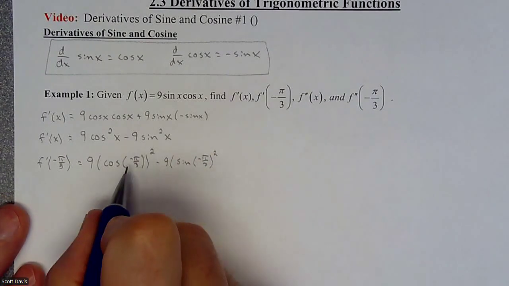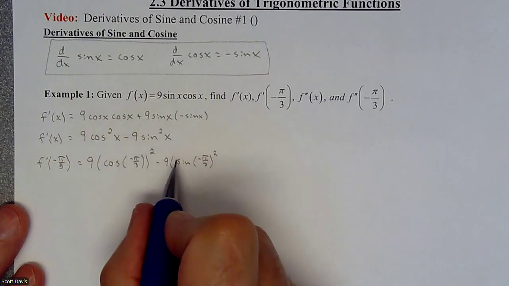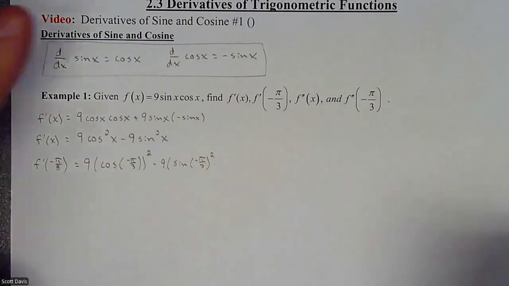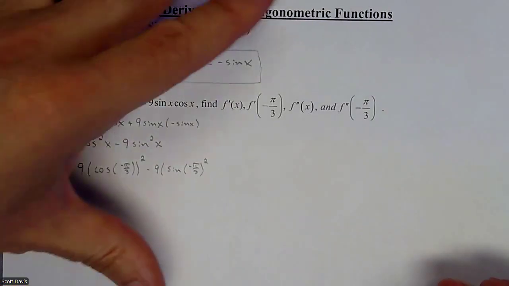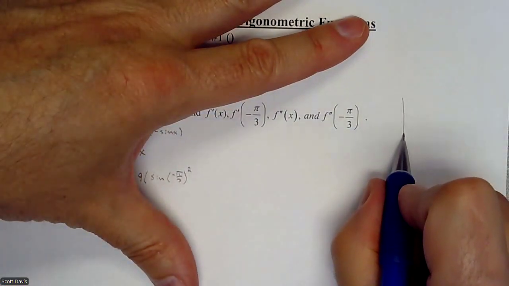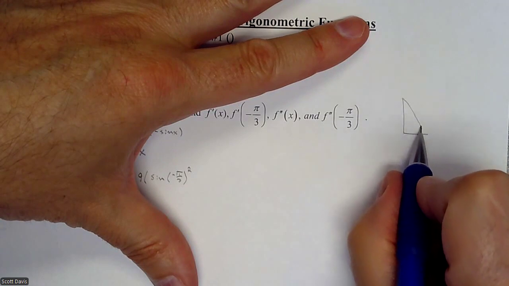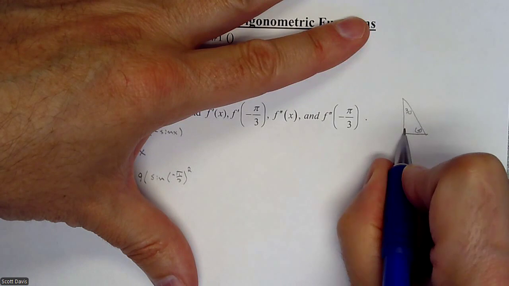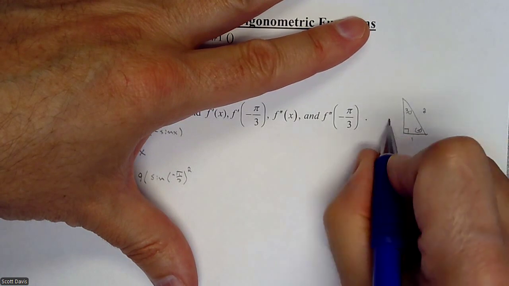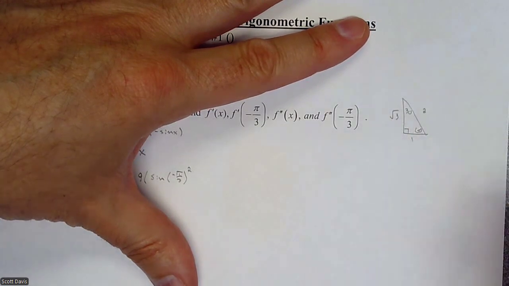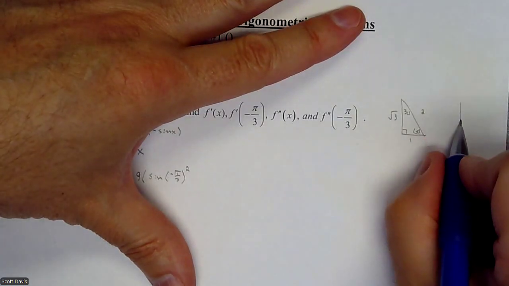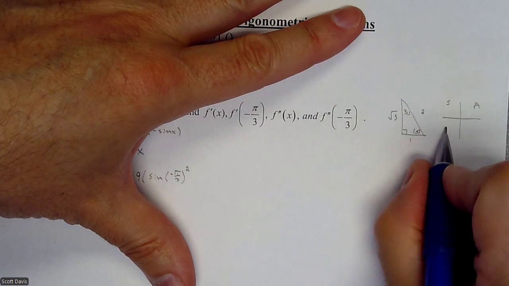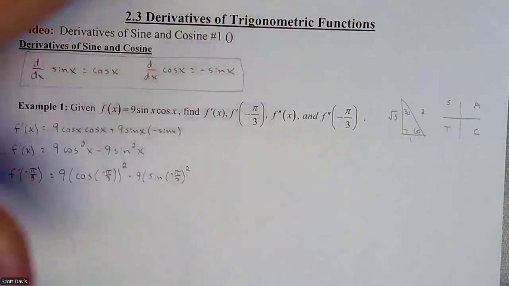All right, so I need to figure out those values. We can square them, multiply them by 9, and get our final answer. You could look at a unit circle, but I do this a little bit differently. I just refer to the pieces of my 30, 60, 90 triangle. Then I figure out whether these values are positive or negative using All Students Take Calculus.